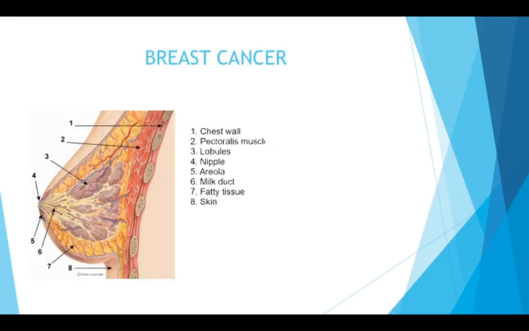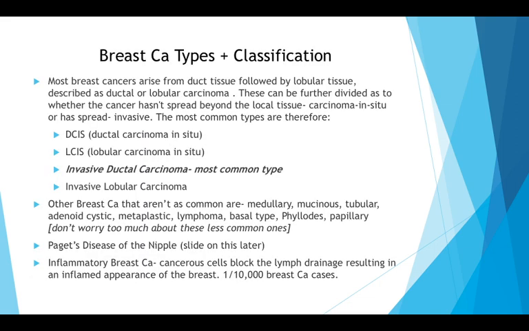Fine, now moving on to the majority of this presentation, which is breast cancer. The majority of breast cancers arise from lobular tissue and ductal tissue, particularly ductal tissue. And you can divide that further into those that stay around that area, so carcinoma in situ, or those that delve a bit deeper, i.e. they're invasive.